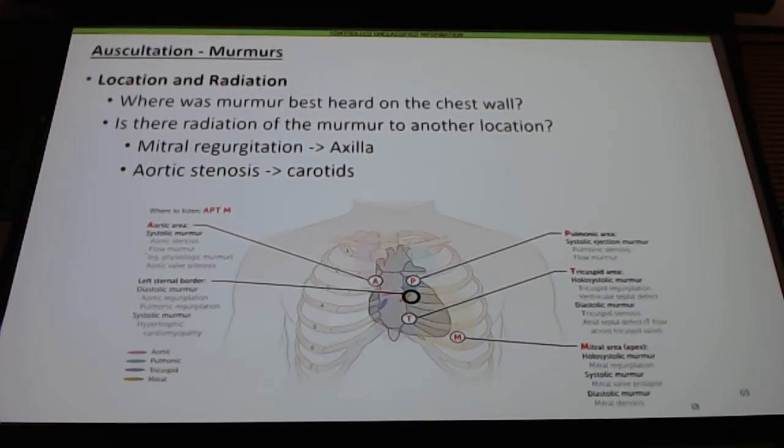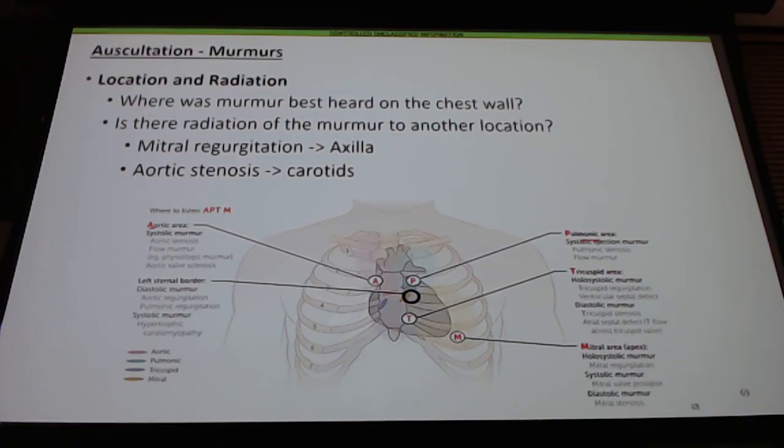Then we also talked about how you can get a good idea of what murmur you're hearing simply by having your stethoscope at the different auscultation sites and then knowing, is this a systolic or a diastolic murmur? This is important because if I am listening in either the aortic or the pulmonic area, you don't have diastolic murmurs, you only have systolic murmurs.